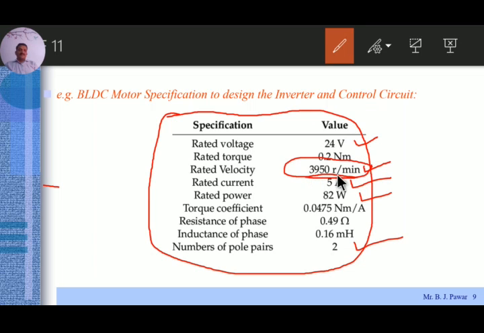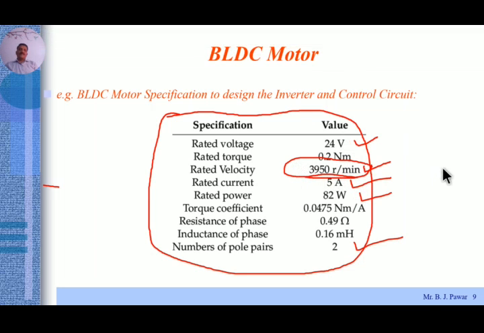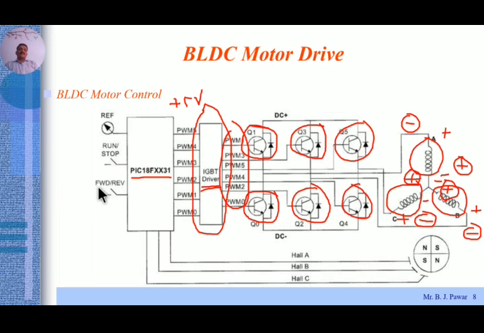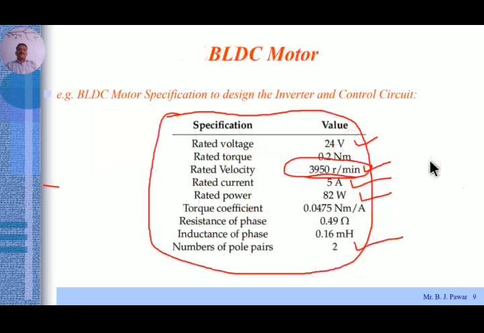Beyond that we can't set the frequency of the PWM, correct? Because this motor as per specification will run at the maximum speed of this given value, is it? So all these are nothing but the design considerations and requirements of the driver circuitry used in BLDC motors.